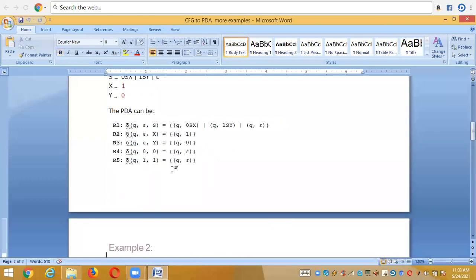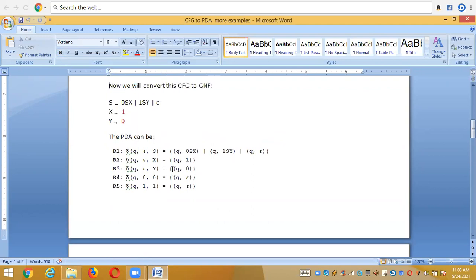I'm showing you with the epsilon, where the epsilon is also an input symbol, or else S is defining an epsilon. You need to put epsilon in the place of this S, and finally you get the two rules like 0X or 0Y. But here my PDA is a non-deterministic PDA, so the epsilons are acceptable here.